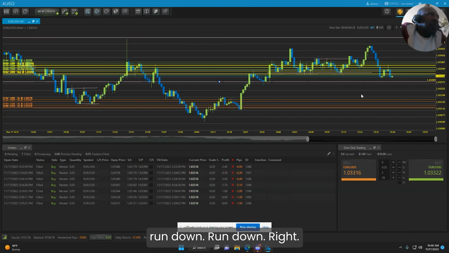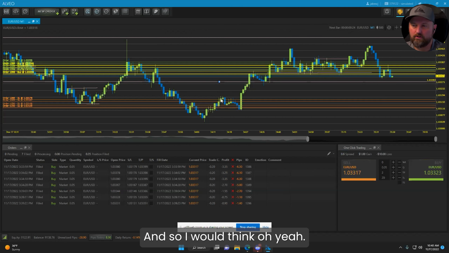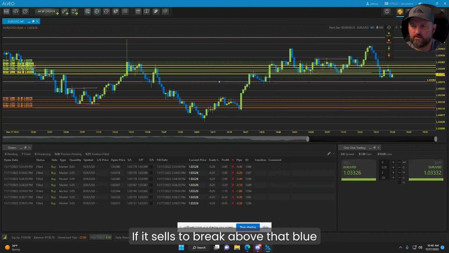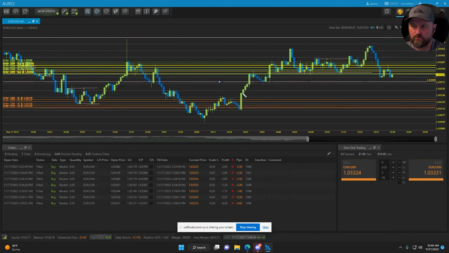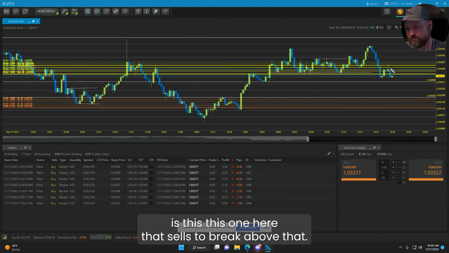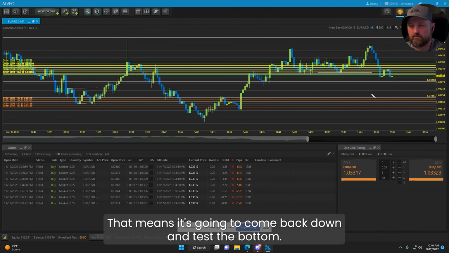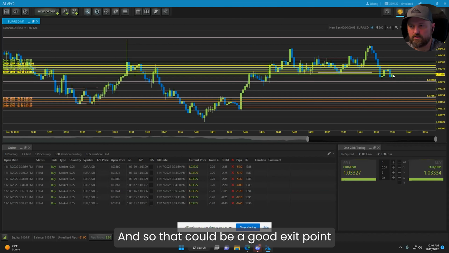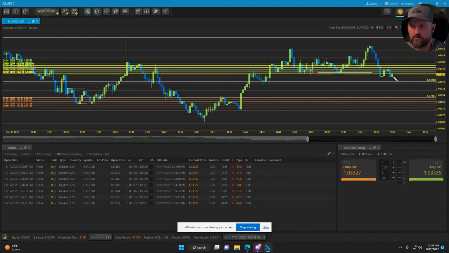And so I would look here. If it fails to break above that blue candle, the blue candle right next to where it is, that means it's going to come back down and test the bottom, and so that could be a good exit point.